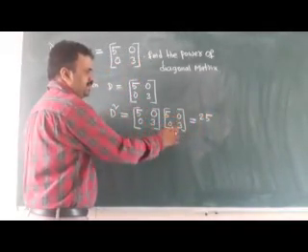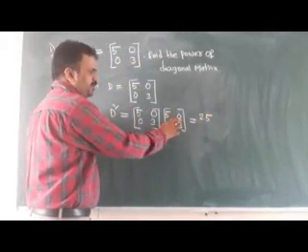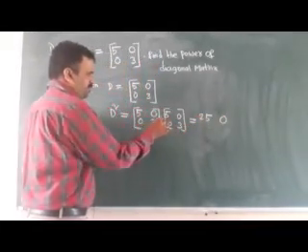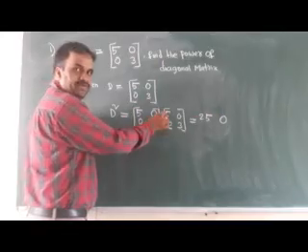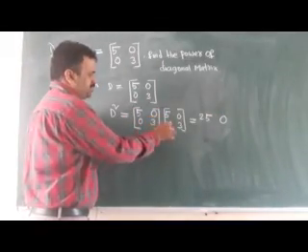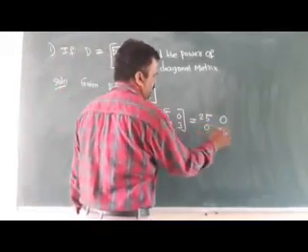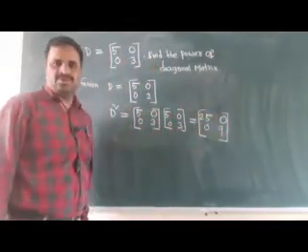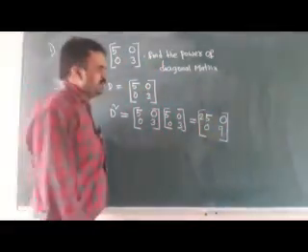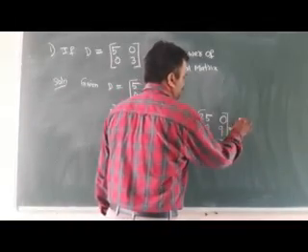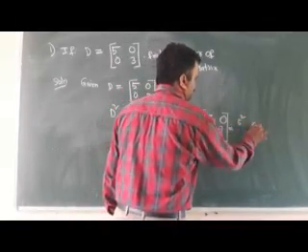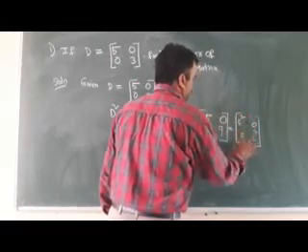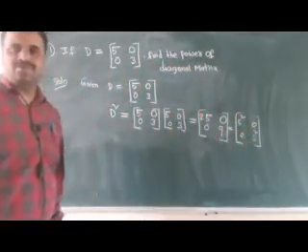First row with second column: 5 into 0, 0 plus 0 into 3, 0. Second row, first column: 0 into 5 plus 3 into 0, 0 only, and again we get 9. So 25, 0, 0, 9. I can write this matrix as 5 square, 0, 0, 3 square.